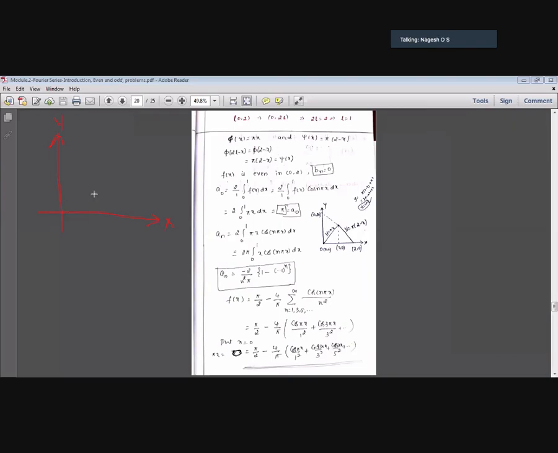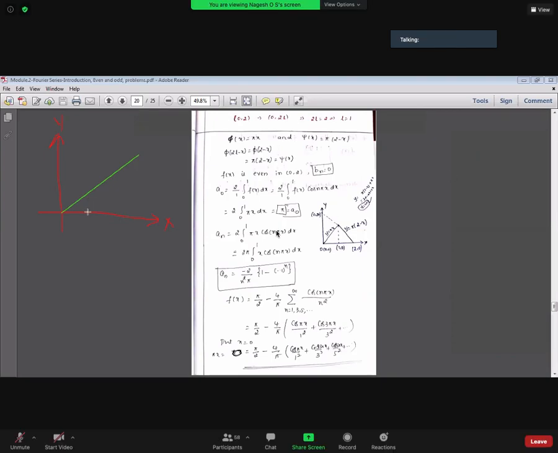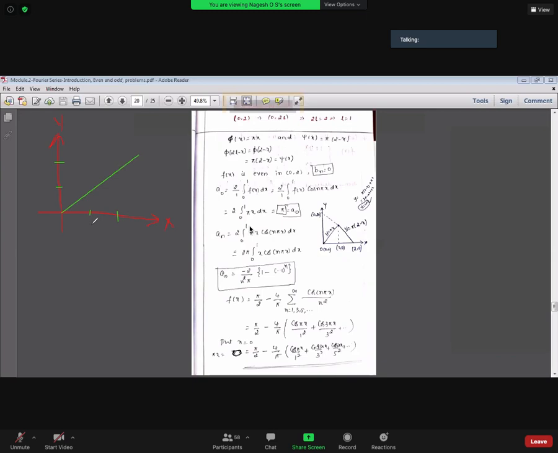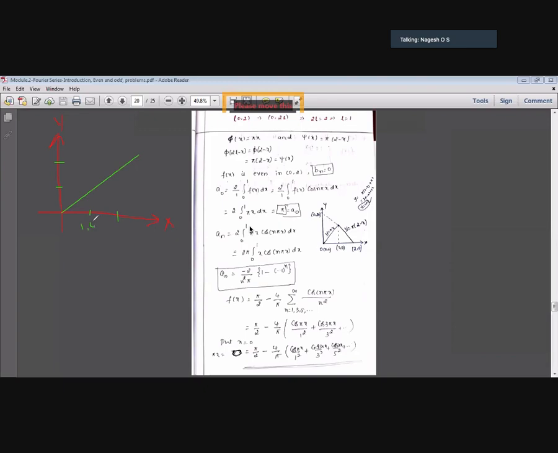Next, if this is 1, this is 2, this is pi, this is 2 pi. On the x-axis y is 0. This is 1 comma 0, this is 2 comma 0, then on the y-axis x is 0, 0 comma pi, then this is 0 comma 2 pi.